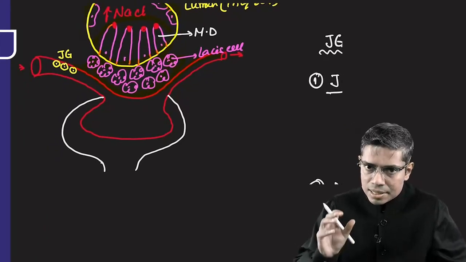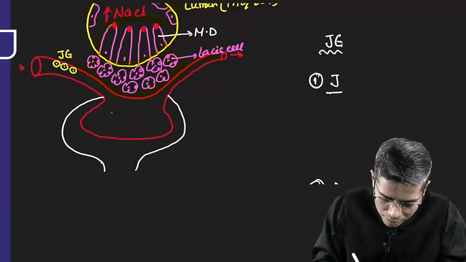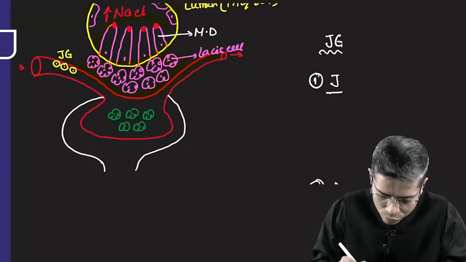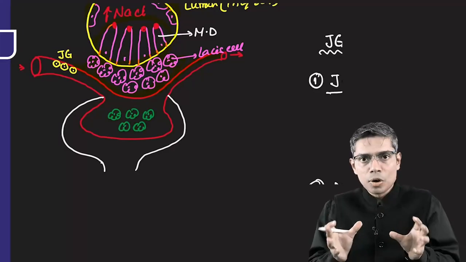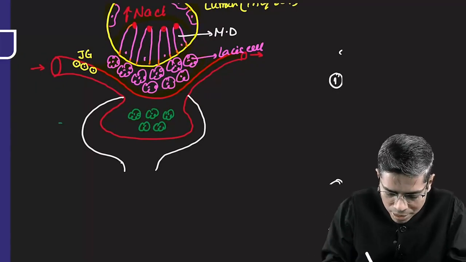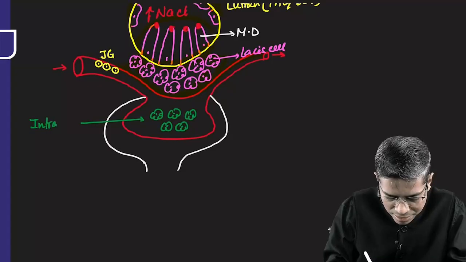There are certain mesangial cells located within the glomerular capillary, in between the glomerular capillaries. These are known as intraglomerular mesangial cells.